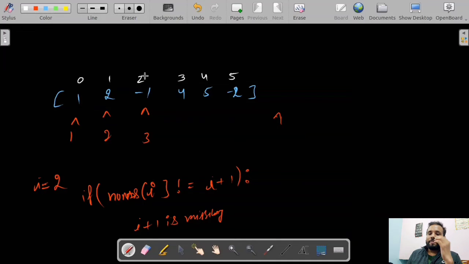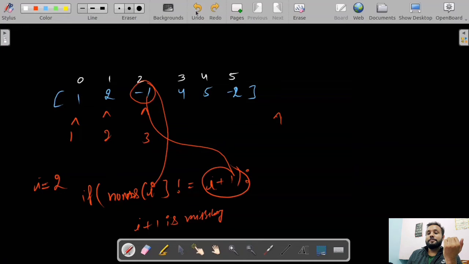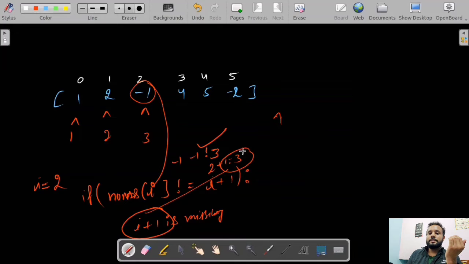Now nums of I is minus 1, and it is obviously not equal to I plus 1, 2 plus 1 is 3, so minus 1 not equals to 3, yes it is true, it means I plus 1, that is 3, is the missing number. Okay, 3 is missing.